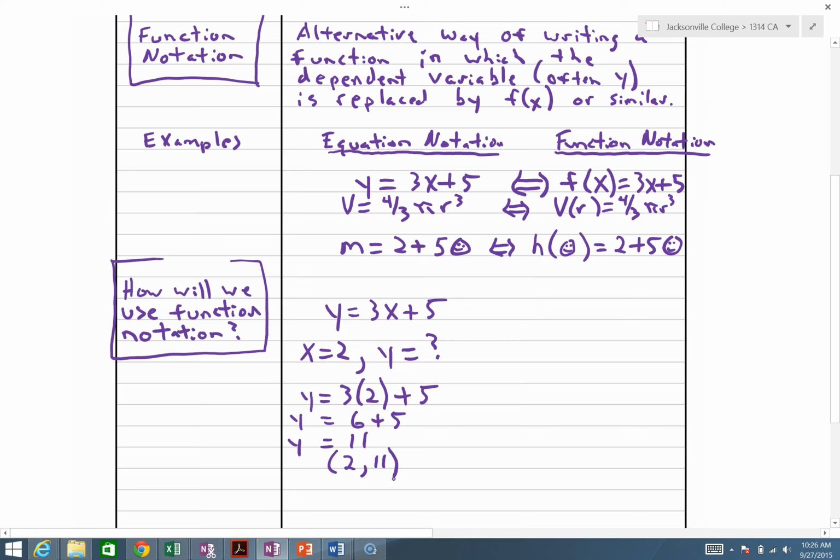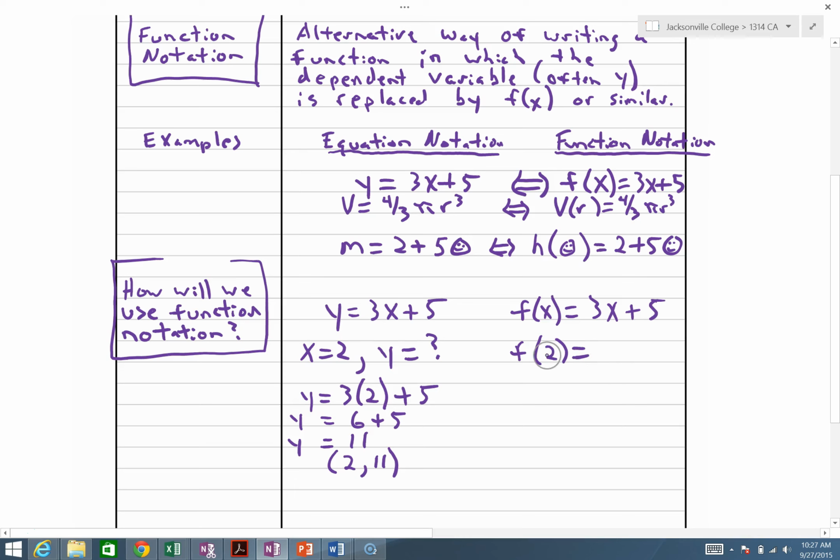All right. So let's look at this same situation using function notation. So I have my function f of x is 3x plus 5. Instead of making this statement x equal 2, y equals question mark, this becomes more efficient in my function notation. I will simply say f of 2 is equal to what it is I'm looking for now.